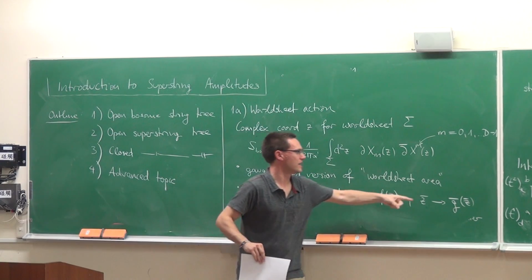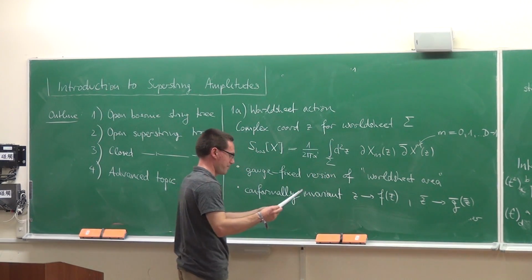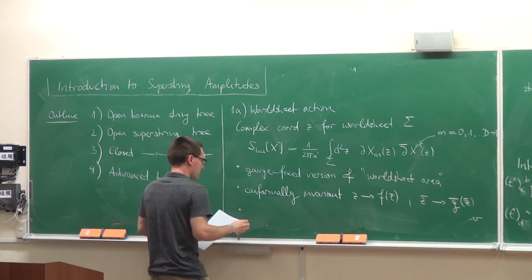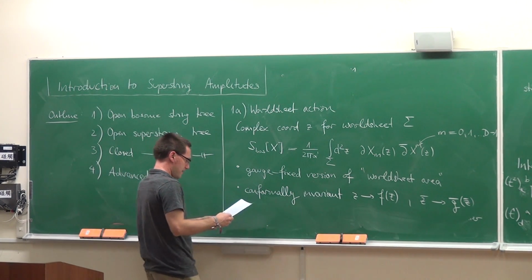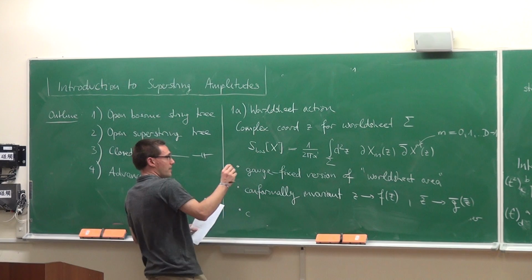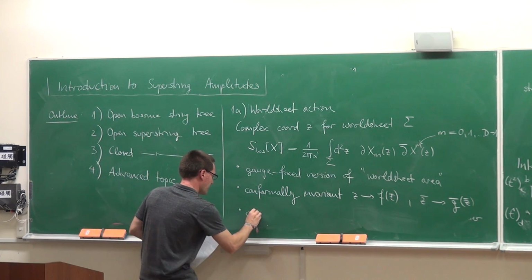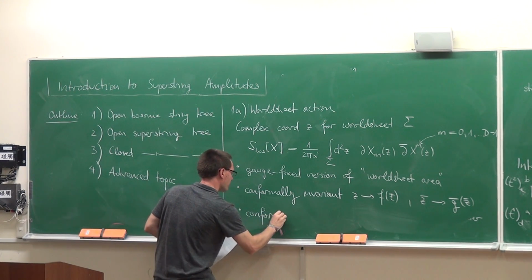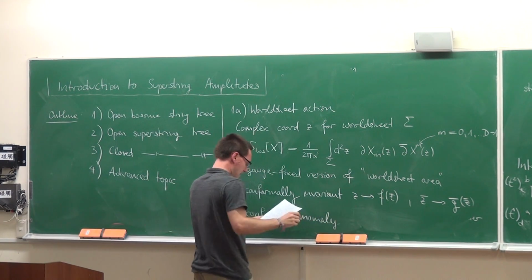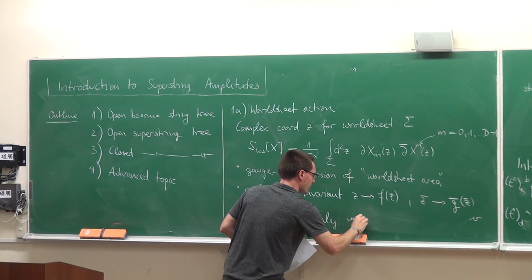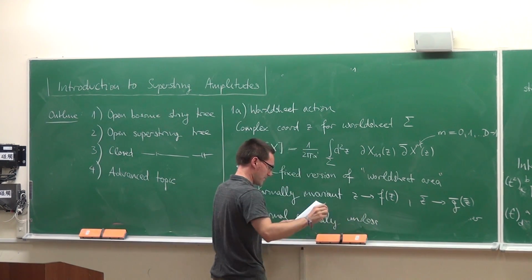Okay. Holomorphic and anti-holomorphic function respectively. So this is a symmetry of this worldsheet action here, and if you're not careful, there will be an anomaly. Unless you are careful about the space-time dimension.